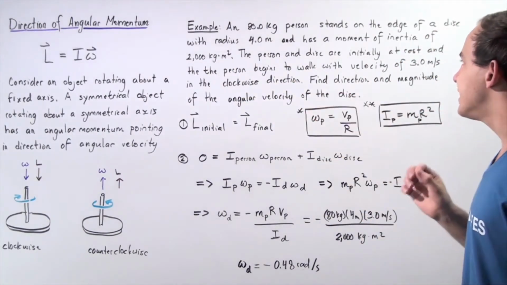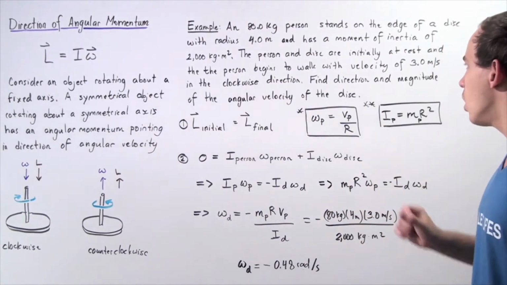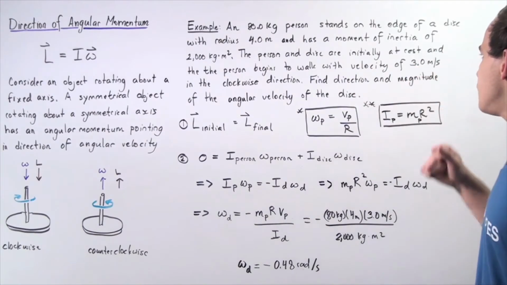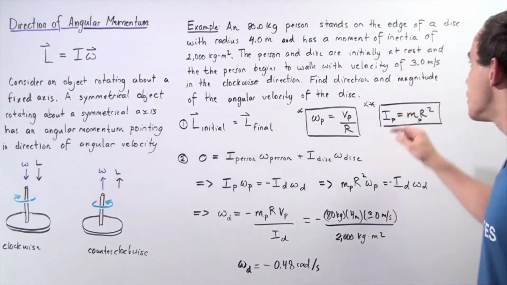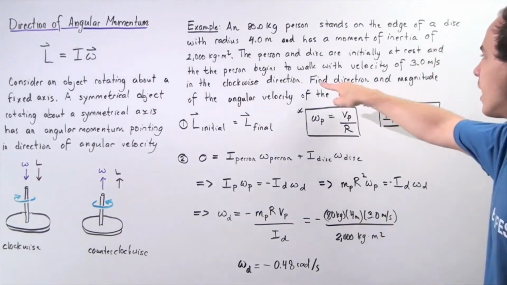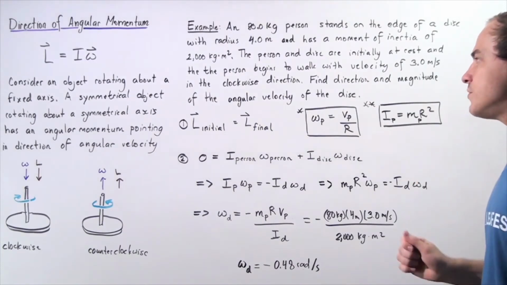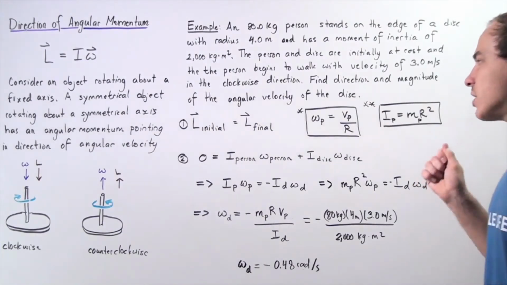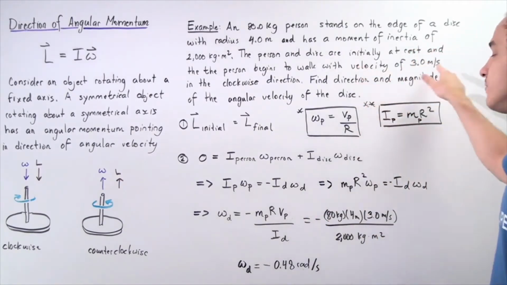The person and the disc are initially at rest, and then the person begins to walk with a velocity of 3 meters per second in the clockwise direction. Notice, this represents the linear velocity. We want to find the direction and magnitude of the angular velocity of our disk after the person begins to walk with that linear velocity.